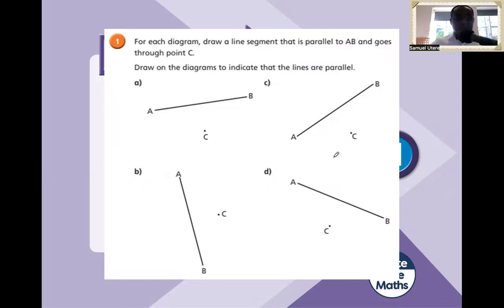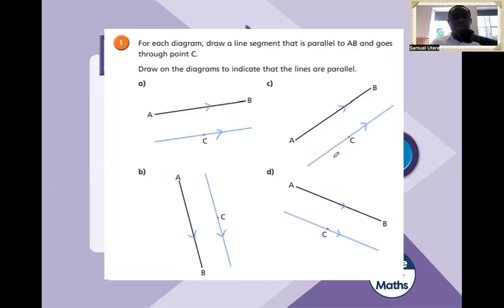Assuming you've paused the video and you've answered question 1, here are the answers. Let's discuss them. For question 1, you were asked, for each diagram, to draw a line segment that is parallel to AB and goes through point C. Now, you have learned how to do this using a ruler and a set square.